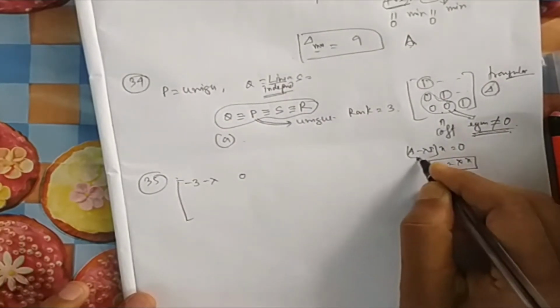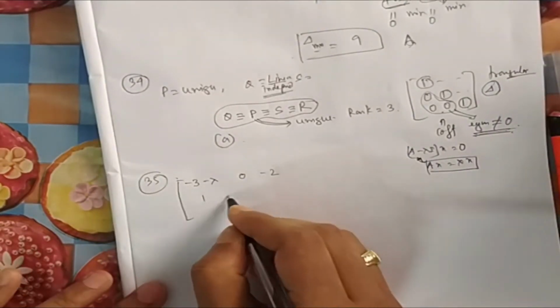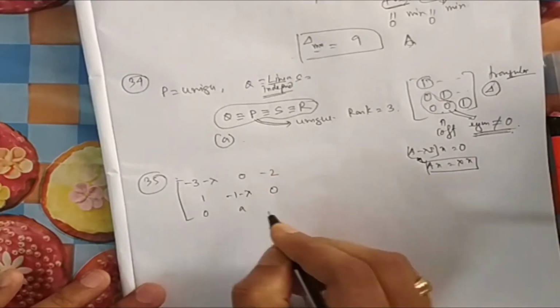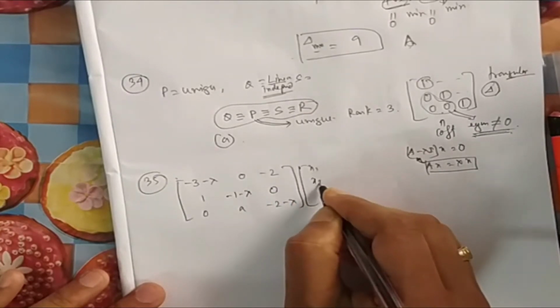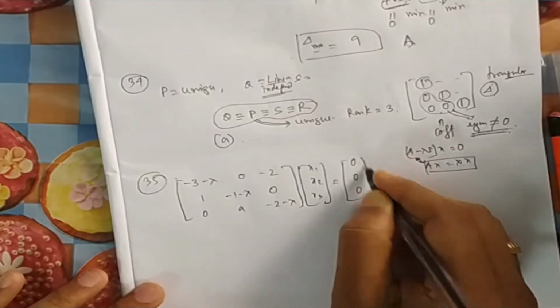So this is the matrix with entries 0, -2, 1, -1 minus lambda, 0, 0, A minus 2 minus lambda, then the eigenvector x1, x2, x3, and then the homogeneous right side, 0.